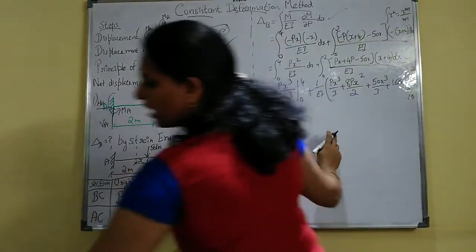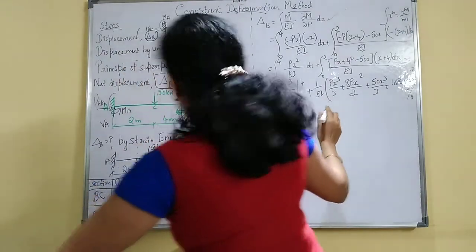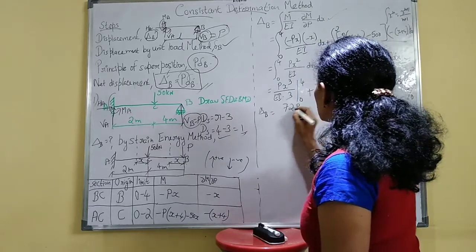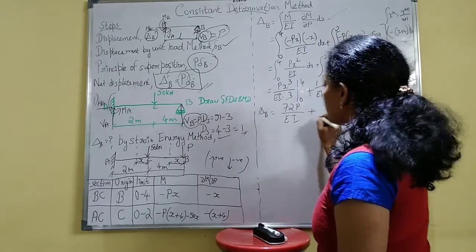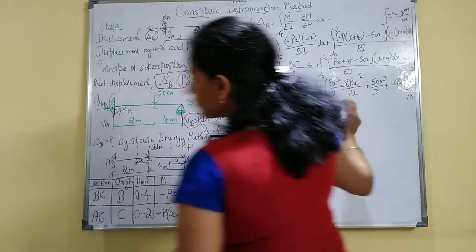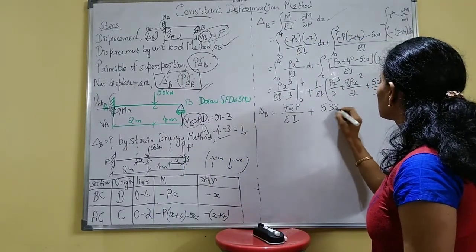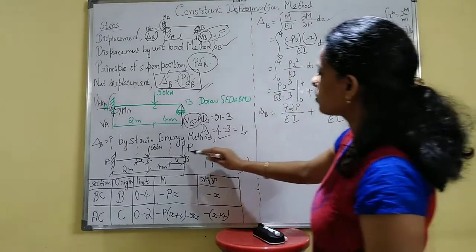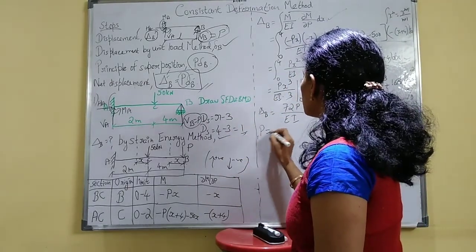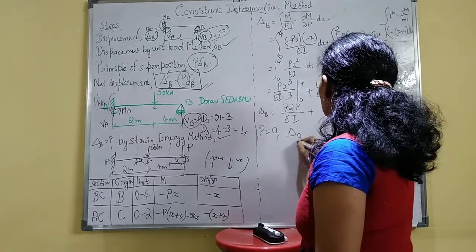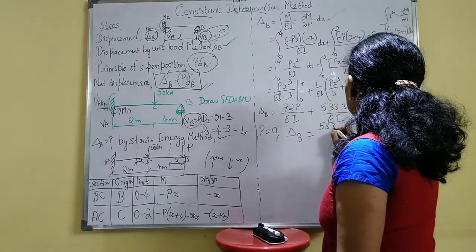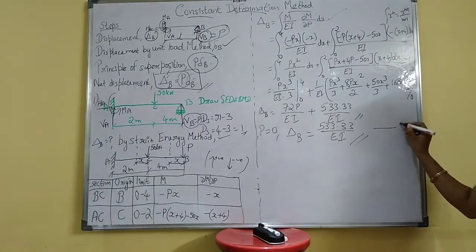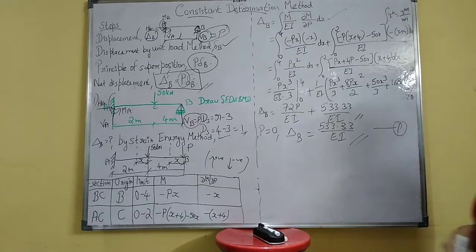Okay, finally after simplification, delta B is equal to 72 P by EI plus 533.33 by EI. Here there is no force at P, so finally P is equal to 0. So you have delta B, that is 533.33 by EI. Just mark it as 1. This is your delta B.